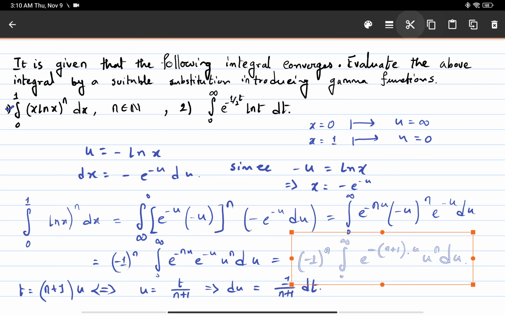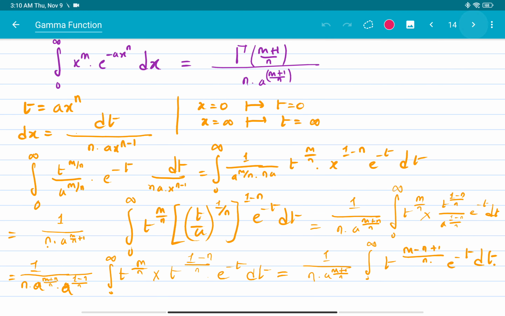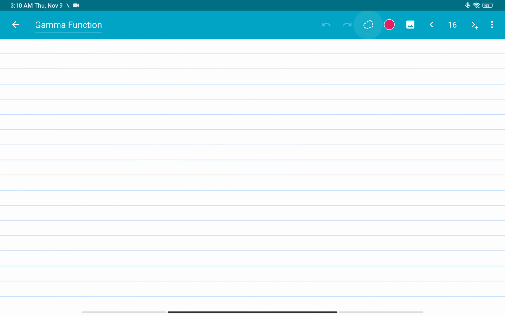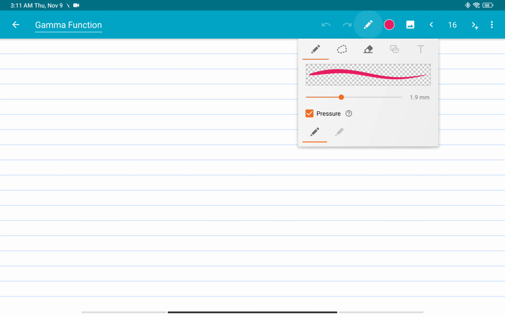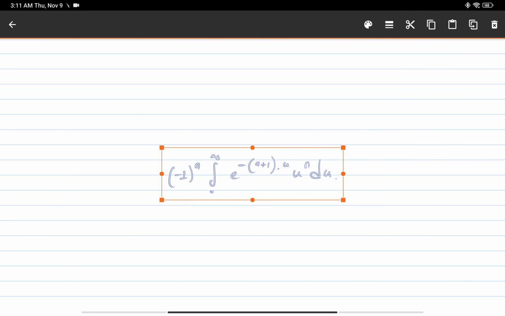See the next page. As we have already solved, this is solved in the problem solving with gamma function 1. So yeah, next page. Here we can do this. Let me paste it out.